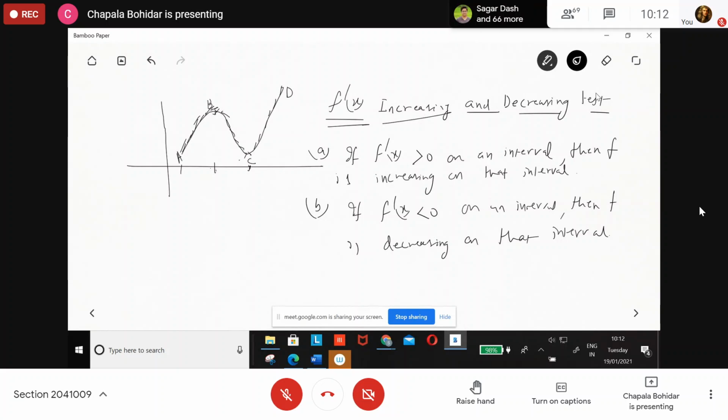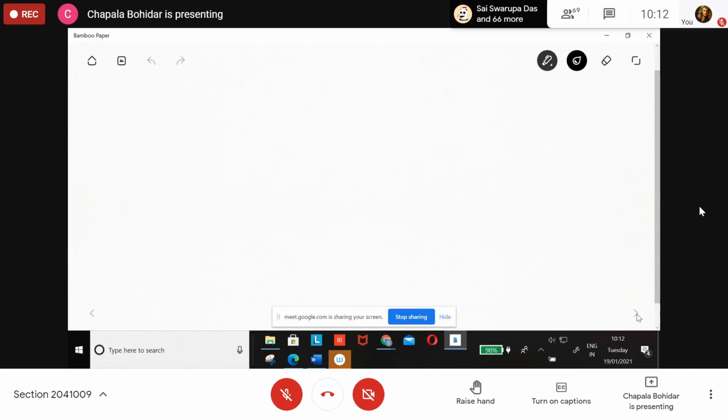Now I'm going to the next page. Example: find where the function f(x) = 3x^4 - 4x^3 - 12x^2 + 5 is increasing and where it is decreasing.